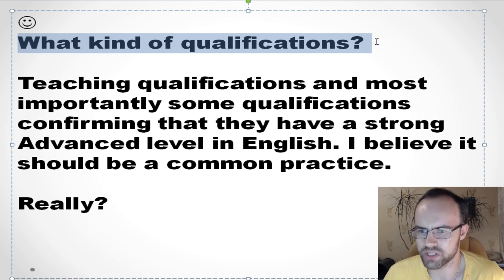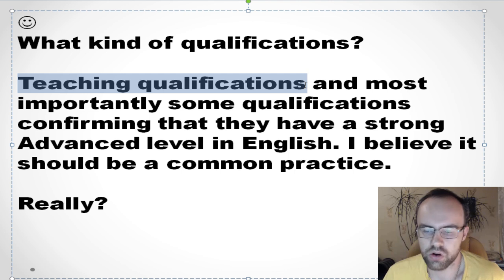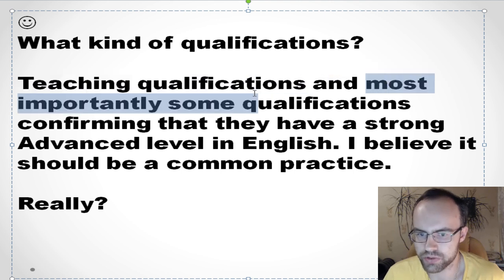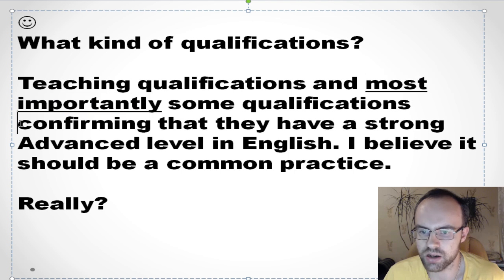Teaching qualifications, an important thing, so they know modern and effective methods of learning and teaching English, and most importantly, some qualifications confirming, showing, that they really have a strong advanced level in English. I believe it should be a common practice, so it should be everywhere.